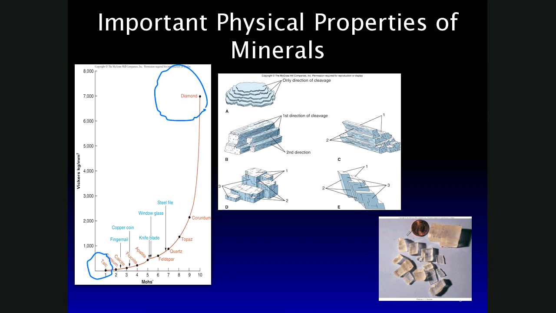These minerals, talc, gypsum, calcite, and so on, are standards for these hardness values. So that's 1 through 10, 1 being softest, 10 being hardest. So diamond can abrade all these minerals. Corundum can abrade all these remaining 8 minerals, but it cannot abrade diamond, and so on, right?